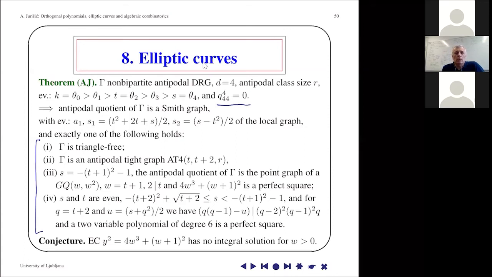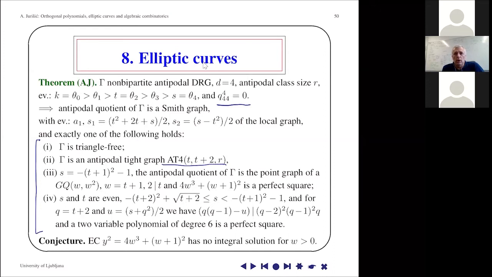So in this case, the classification will be difficult because we don't know many triangle-free strongly regular graphs. Or we'll have some family of antipodal tight graphs that I won't go into. Or we have c3 and c4 conditions that seem never to be realized by any numbers. We couldn't find any numbers.